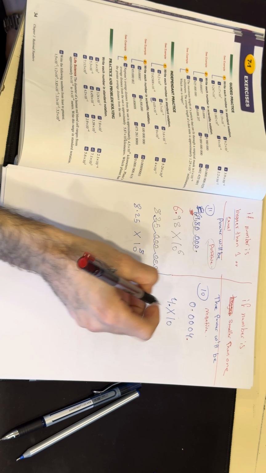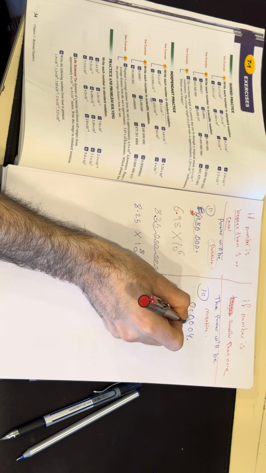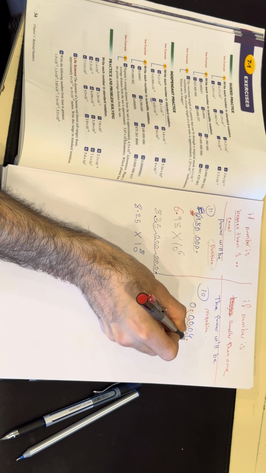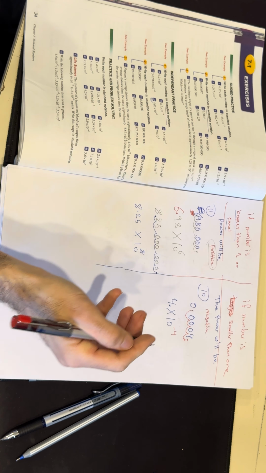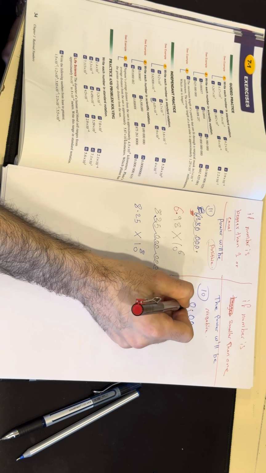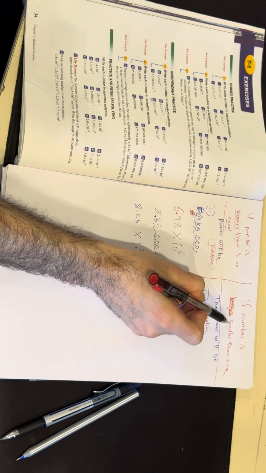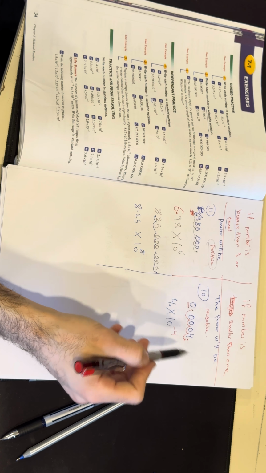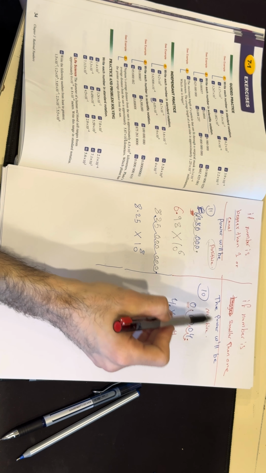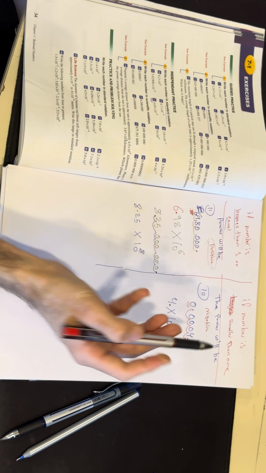So how many times do we move it? Count it. 1, 2, 3, 4. So that means the answer will be 10 power negative 4. Why is it negative? Because 0 is smaller than 1. When it's smaller or less than 1, the answer will always be negative.